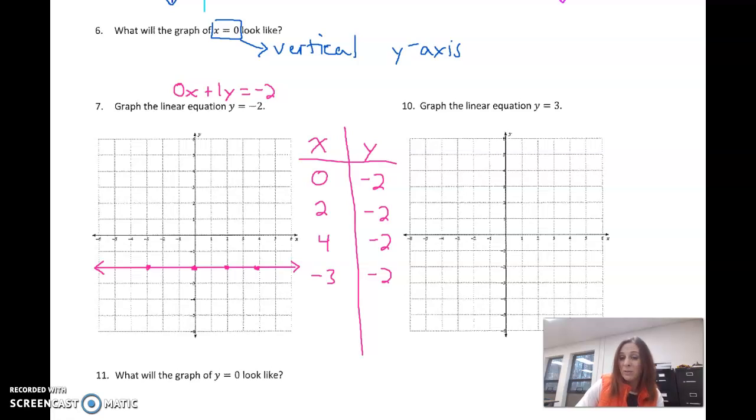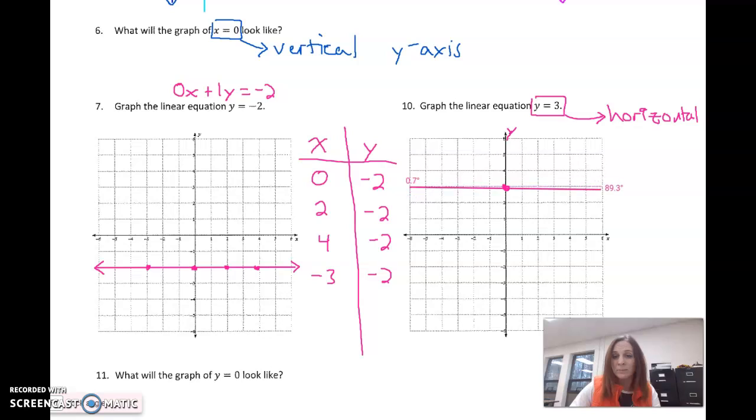Do you have to do the input-output table, like with x equals? No, you don't. When you see y equals 3, it's a horizontal line. It's opposite of the y-axis. So on your y-axis right here, find 3. Put a dot there. You know it's horizontal, so draw a line through it. Don't overthink it.